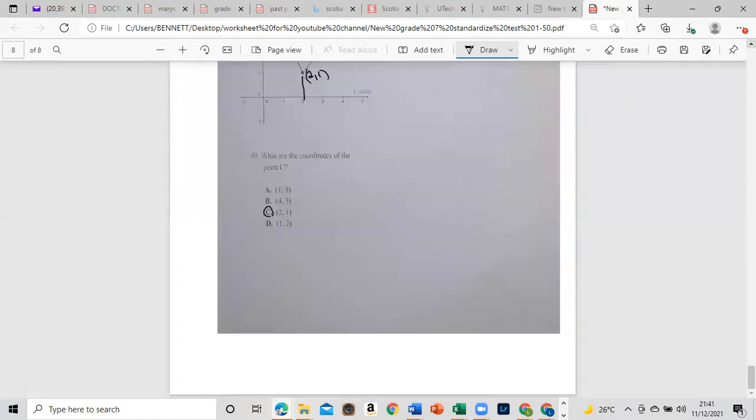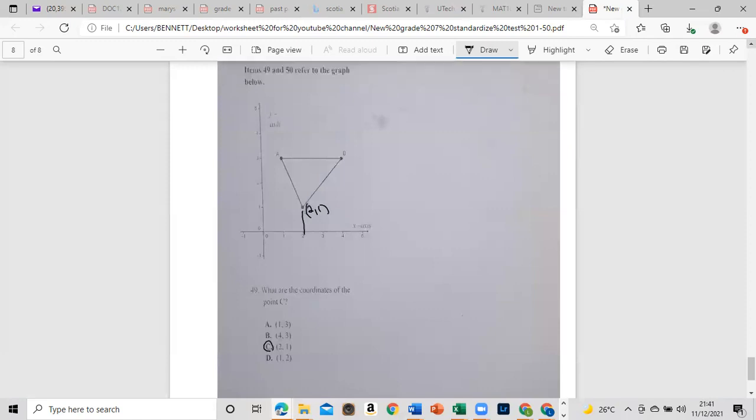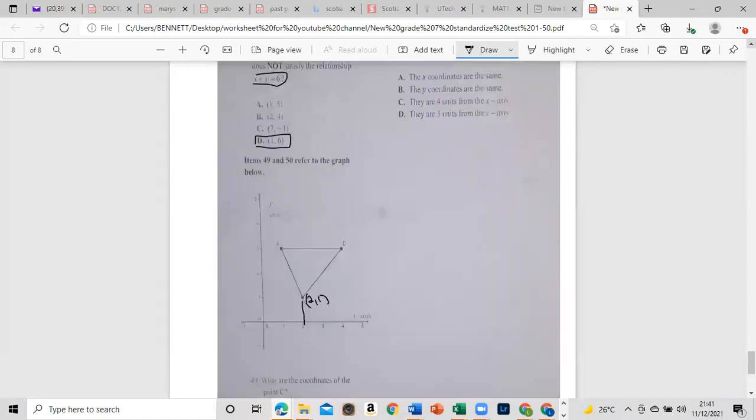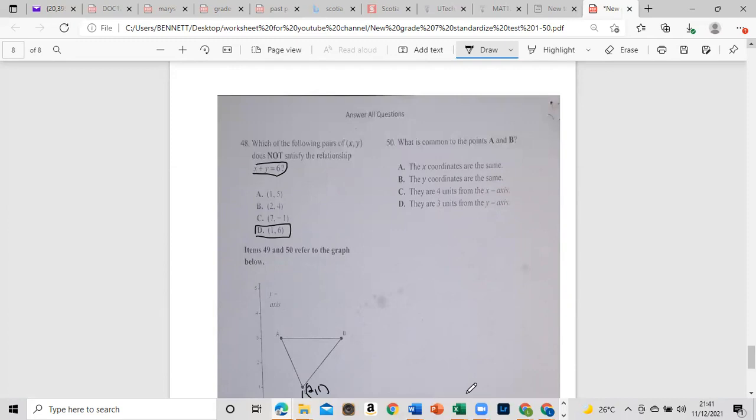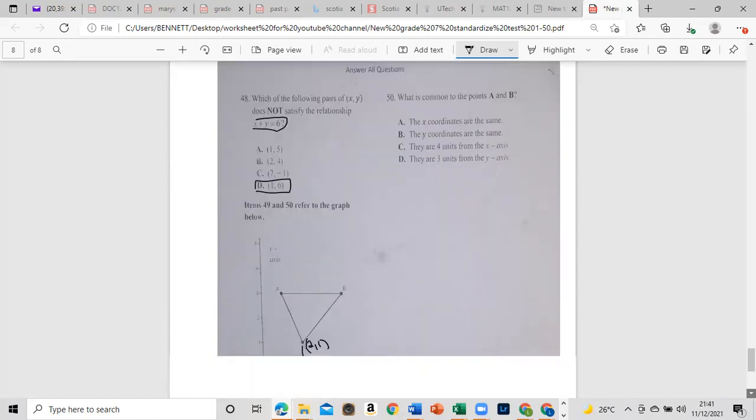I need to see everything at once. So, the x coordinates are the same. Let us investigate that. Points A and B, the x coordinates are the same. That would be a vertical line.